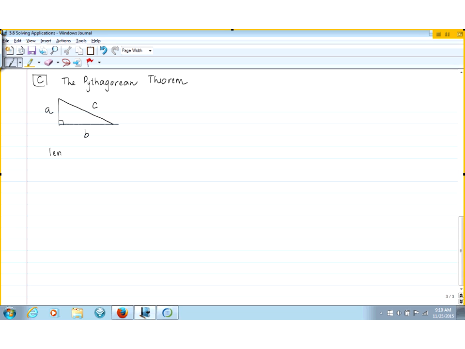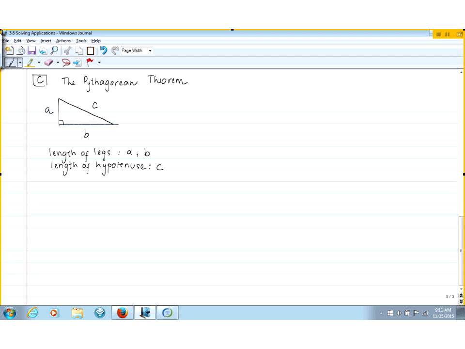So the length of the legs is A and B. They are interchangeable. But the length of the hypotenuse is C. So C is always opposite the 90-degree angle.